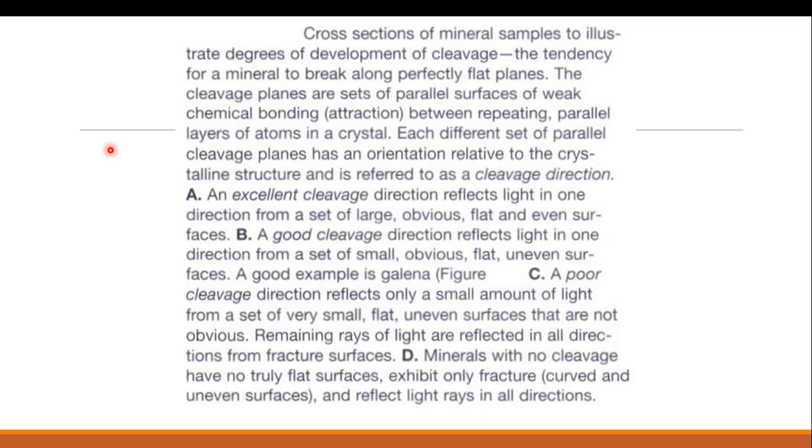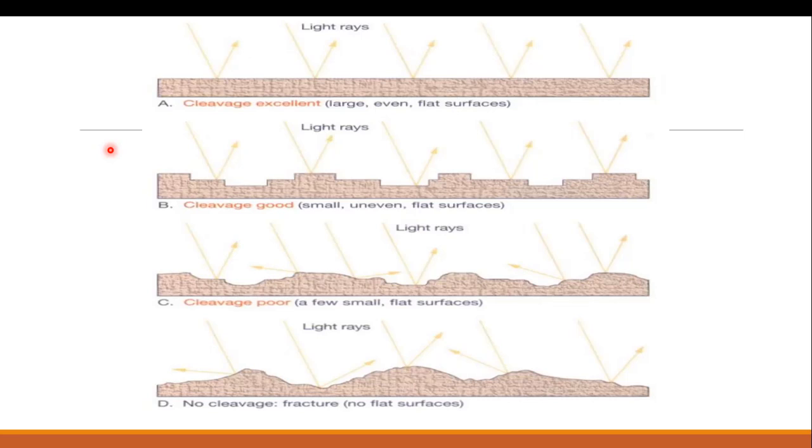Remaining rays of light are reflected in one direction from fractured surfaces. Minerals with no cleavage have no truly flat surfaces, exhibit only fracture, curved and uneven surfaces, and reflect light in all directions. These are the examples of excellent cleavage, cleavage of good quality, cleavage of poor quality, and the minerals which have no cleavage.